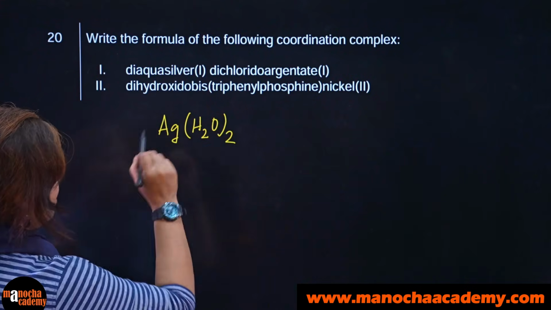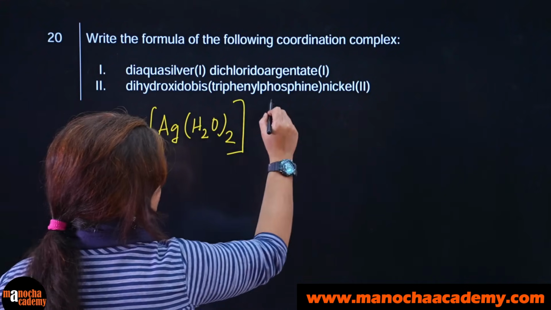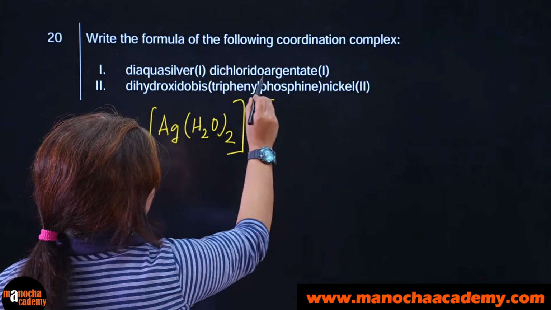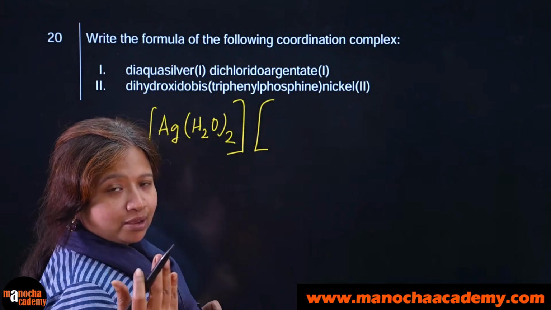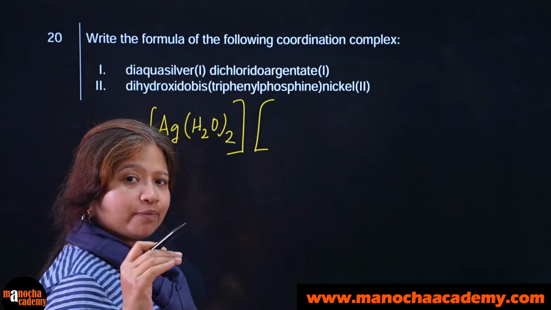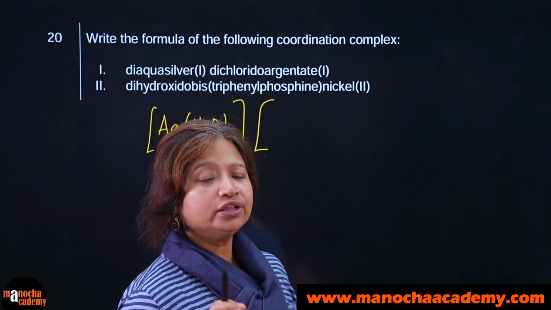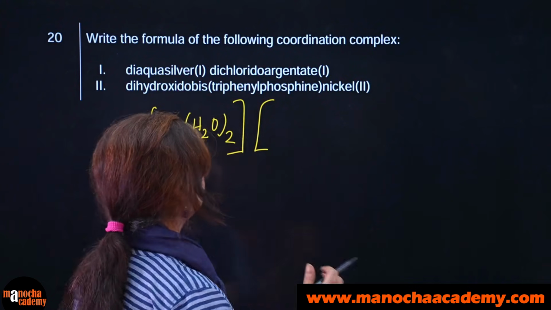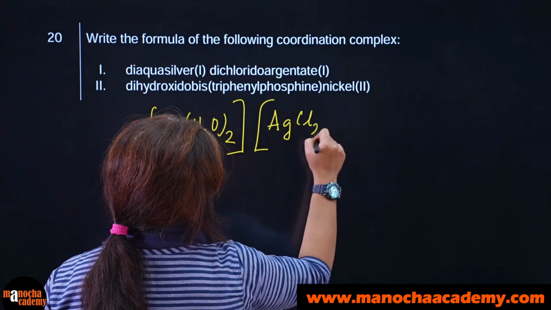So I have this. Next coordination sphere I am writing. Dichlorido means Cl2, argentate means silver, but since it's present in the anionic coordination sphere, it becomes ate. If you remember, when ate is added to the metal, it indicates that the coordination sphere is anionic. So here it is Ag and Cl2.